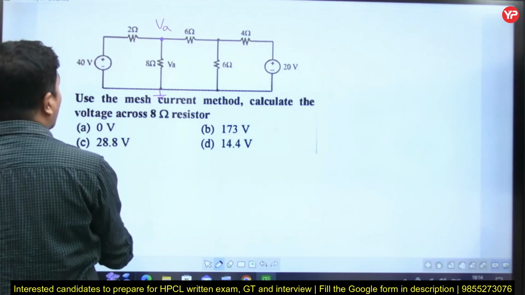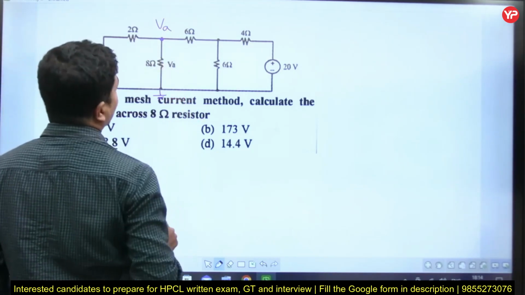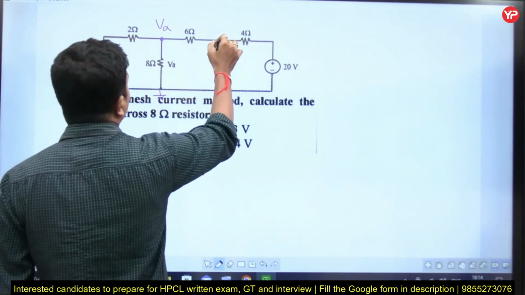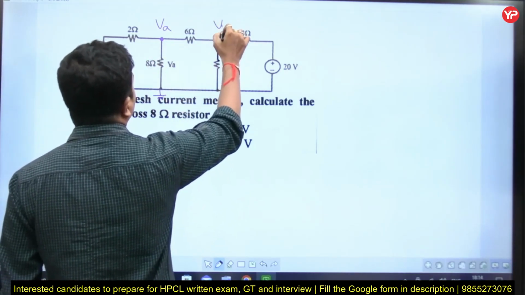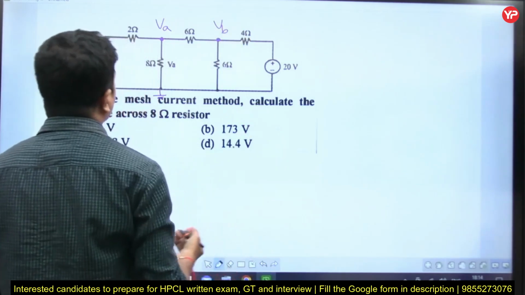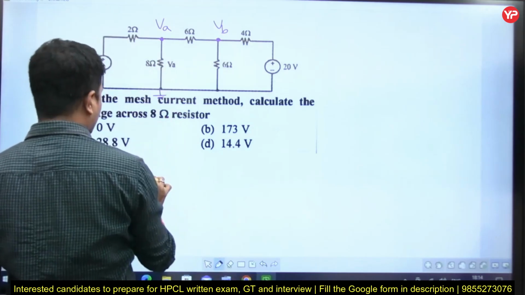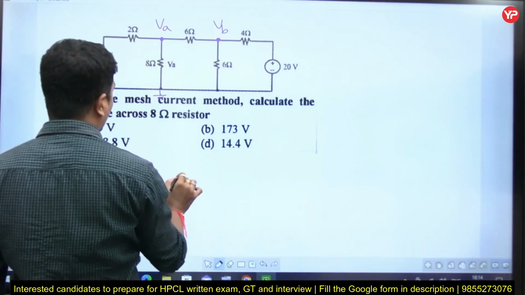Now I am writing KCL there. This voltage I take as VB. What is the KCL at node A?